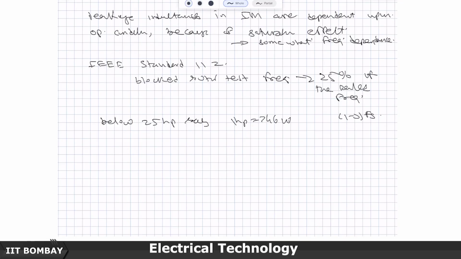Another thing that you should take care of is that the currents that you are sending should also be comparable to the rated current value. Suppose you say that I am more interested in parameters close to the starting current, I want to calculate my parameters with conditions which correspond to the starting condition.